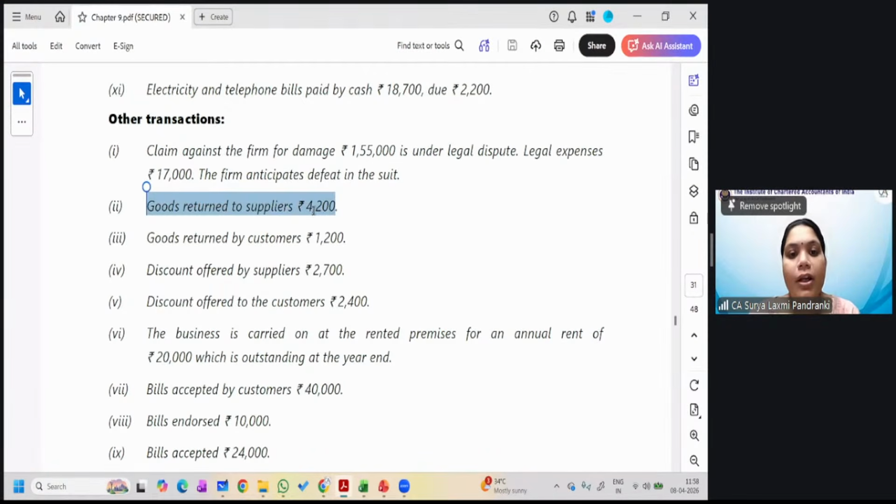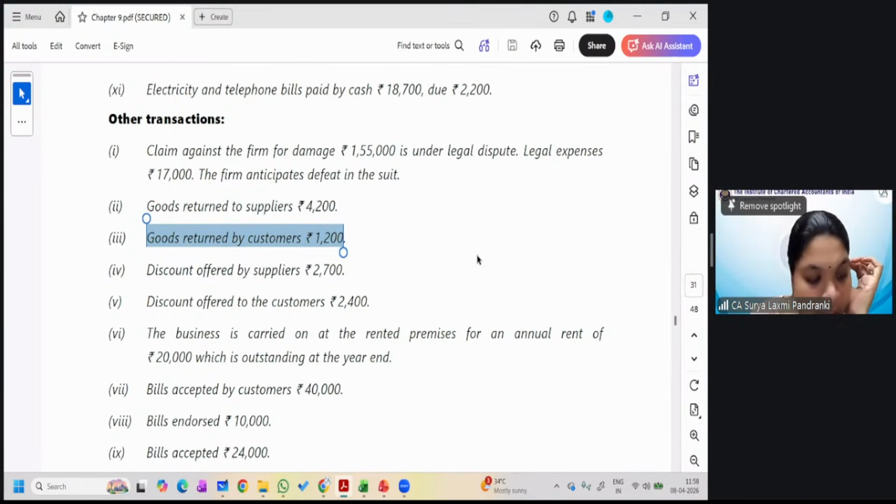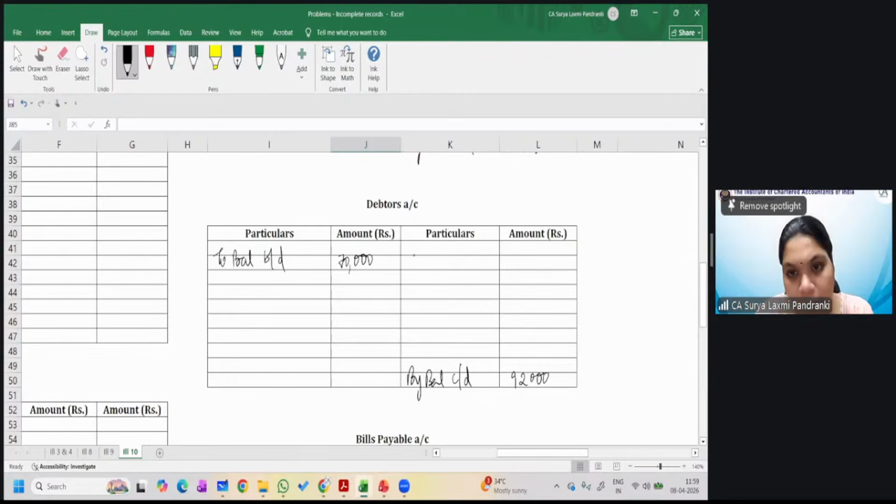Now, these goods returns will have another effect. Where do you think this will have another effect? Like Sarla was mentioning, where should we show this? Creditors and debtors. So in your debtors account, what will be the amount? Returned by the customers, 1,200. Return inward should come on the credit side of the sundry debtors account.